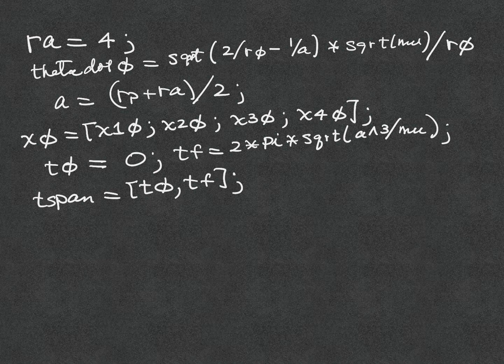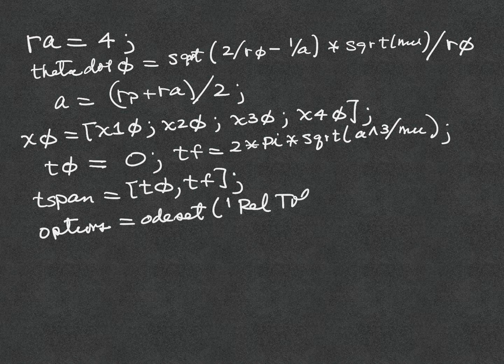And from this, I actually now have everything except for the options. Now the options use a command called odeset, and the only option I care about is what's called the relative error tolerance. And that I'm going to set to 10 to the negative 8th.